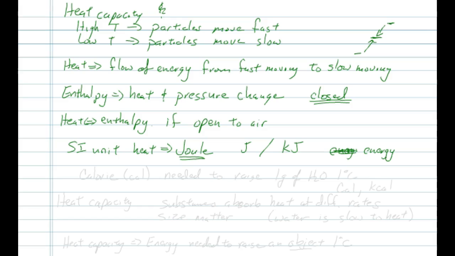Back in the old days, there were units for everything else, but heat was measured in the calorie. Calorie was abbreviated cal, which is the heat needed to raise 1 gram of water 1 degree Celsius.